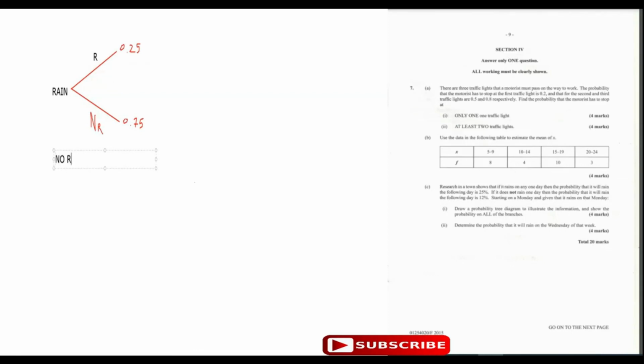Then we have no rain, and if it has no rain, then the chance of it raining the next day is 0.12.